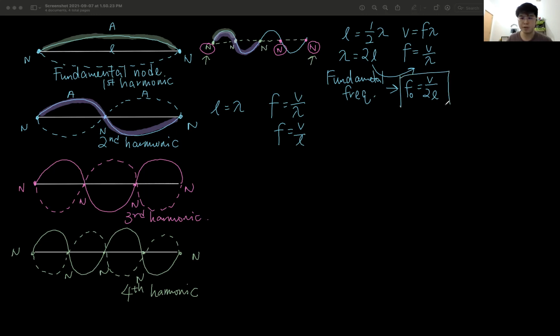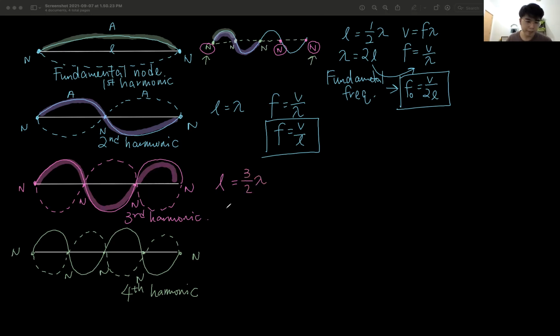We have this one, first one, and we have this one, second one, right? Third one, length equals to how many waves? This one. From here to here, that's 1 wave, and this is half, so 1.5. 3 over 2 lambda.